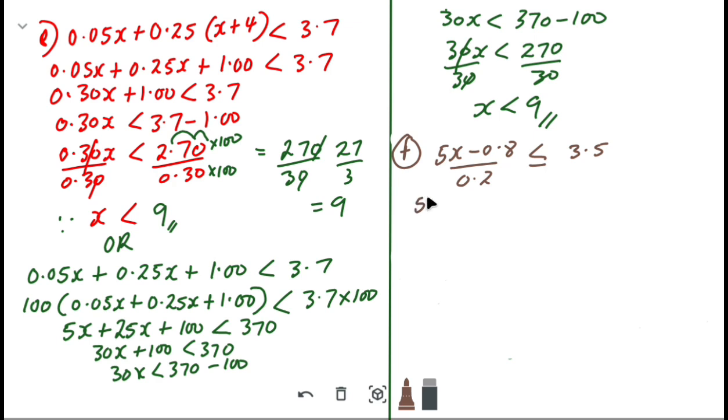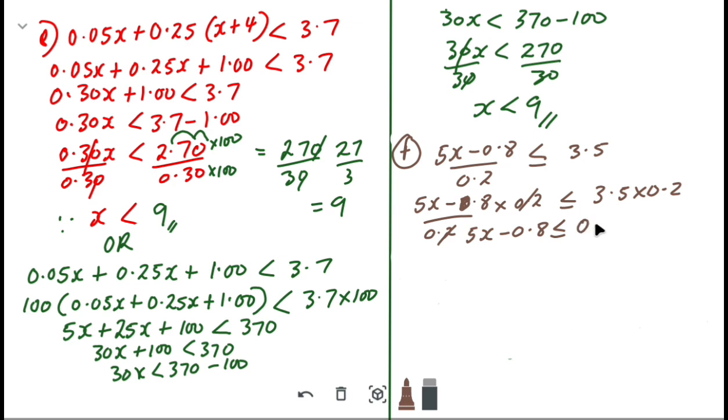So we have 5x minus 0.8 over 0.2 times 0.2 less than or equals to 3.5 times 0.2. So 0.2 can cancel out 0.2 here. So we have 5x minus 0.8 less than or equals to 3.5 times 0.2. 3.5 times 0.2 is going to give us 0.70.